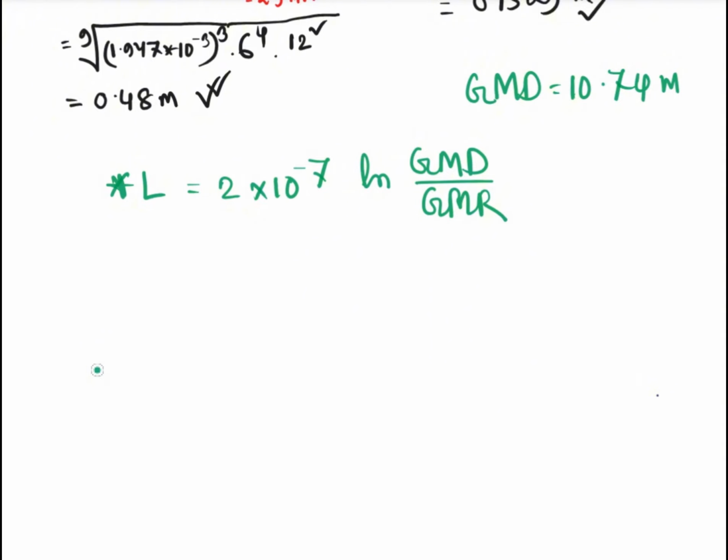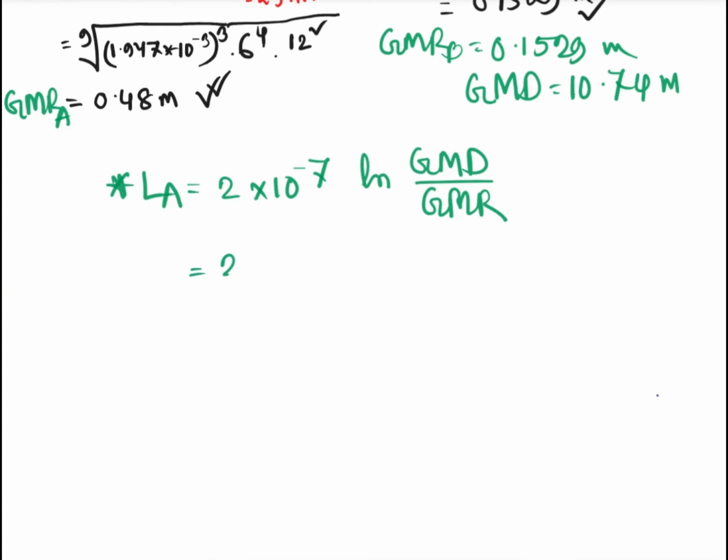One is GMR A, another one is GMR B, which is 0.1529 meter, of course.